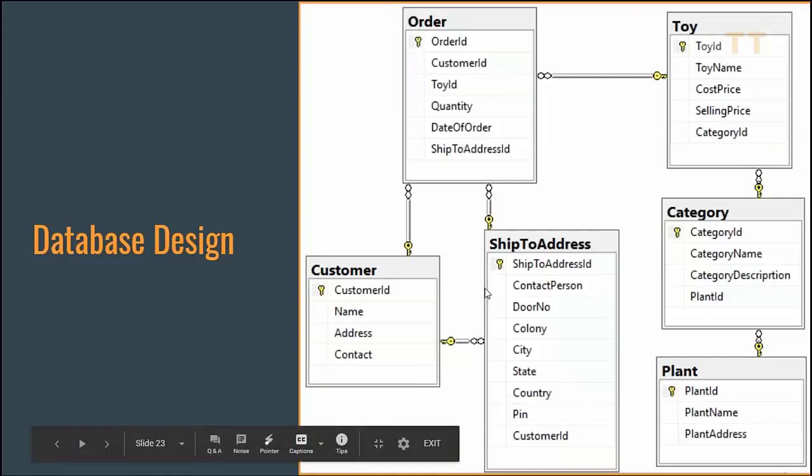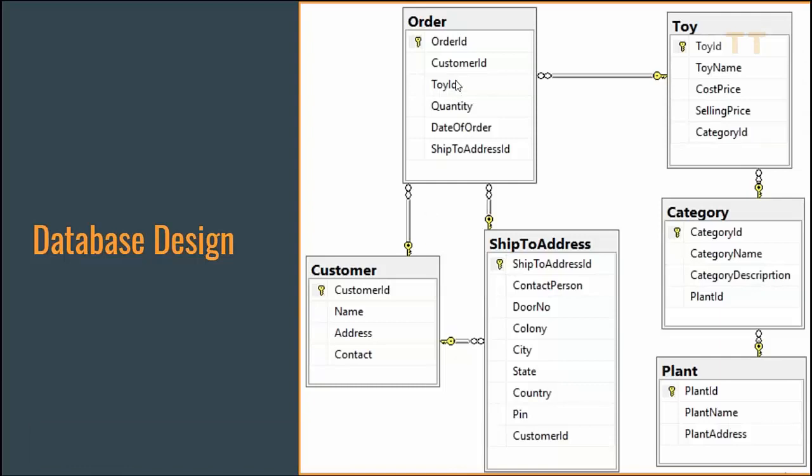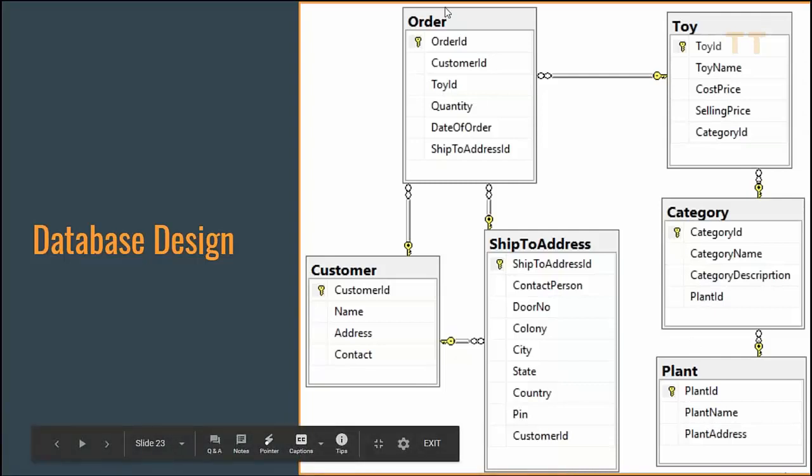This is the plant table. How will I come to know what plant is going to serve this order? We have toy ID, so I'll see toy ID. In this toy ID, we have category ID, so I'll see category ID. In this, I have plant ID, this plant ID. So this plant is going to serve this order. We are getting the information, right?